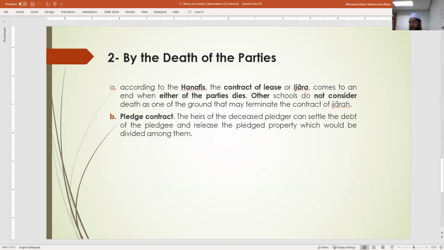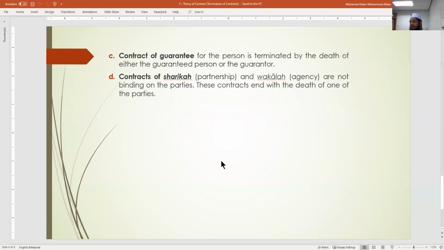Let's say my father put something as rahnu, and then the children can continue that agreement, pay the money that has been borrowed, and take back the rahnu, right? The pledging contract can be continued. I don't think they have different opinions on that.